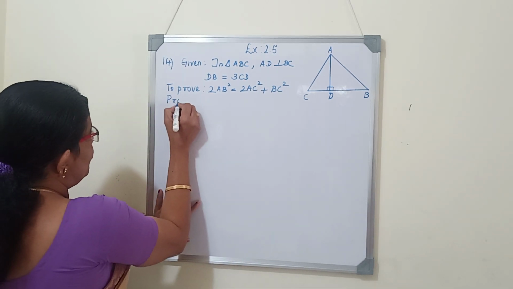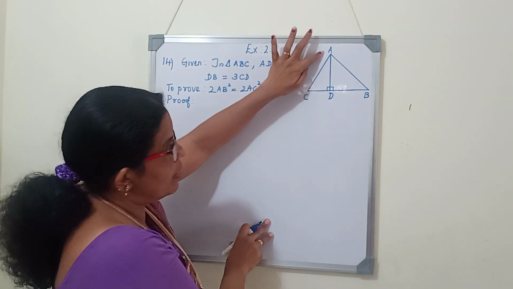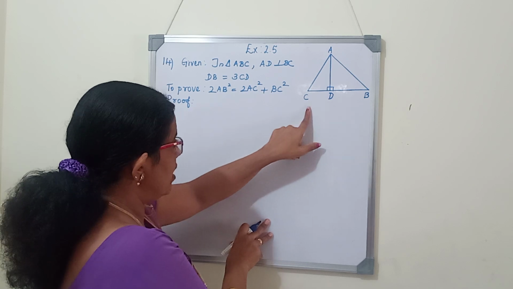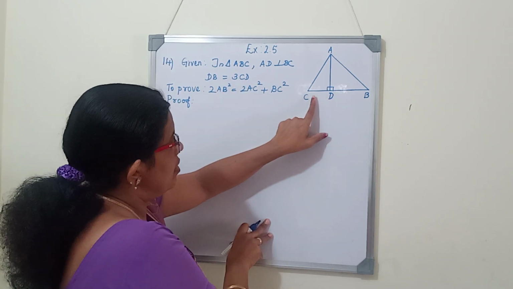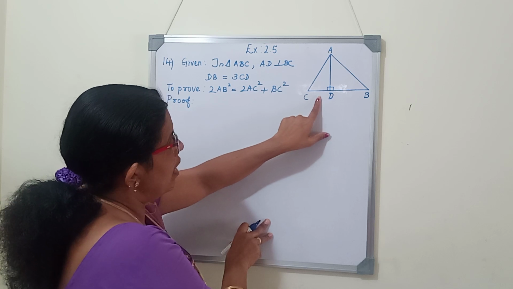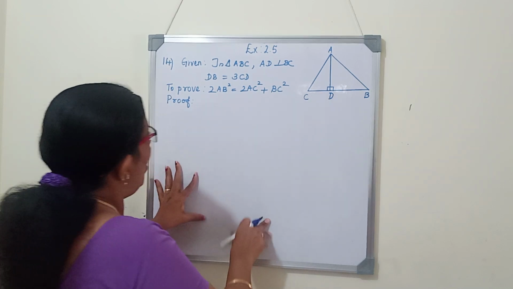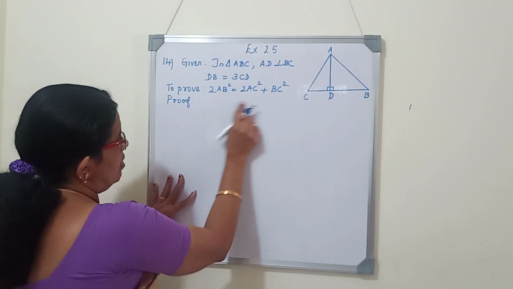Proof. Here it is given that from the vertex A perpendicular AD is drawn to side BC and DB will be 3 times CD. So whatever the measurement of CD, DB will be 3 times that, and we have to prove that 2AB square equals 2AC square plus BC square.